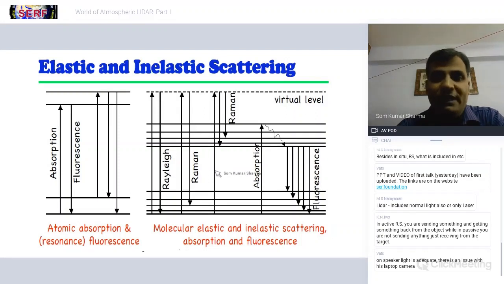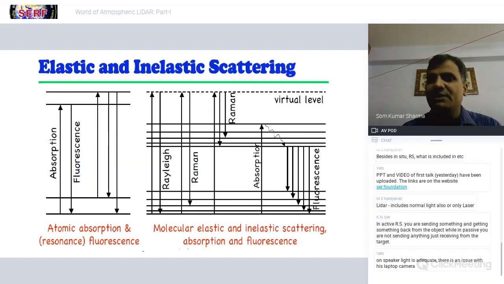But if you move further to Raman scattering, here the excitation goes to an upper level, and when it comes back, it does not come to the ground level, it comes to a different level. So there is basically an increase or decrease of energy. That way Raman scattering is inelastic scattering.